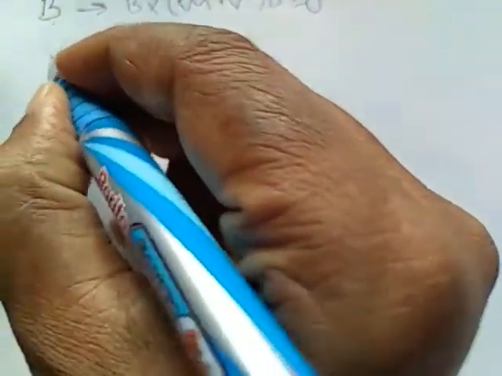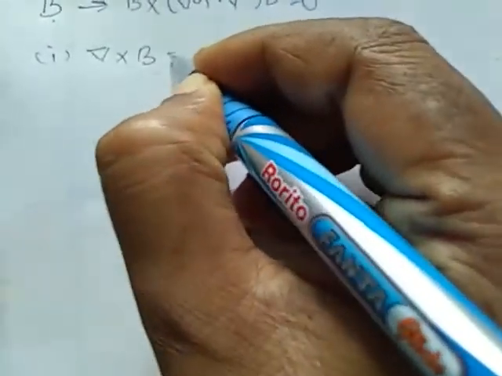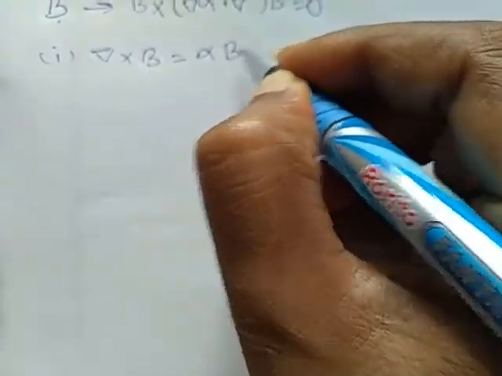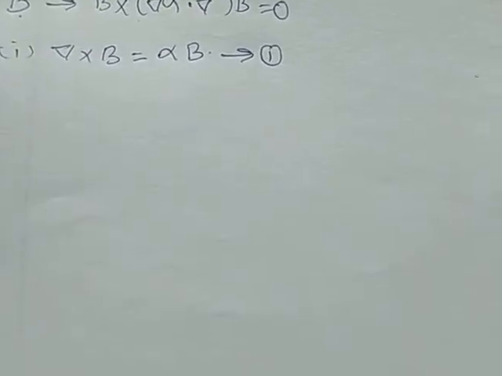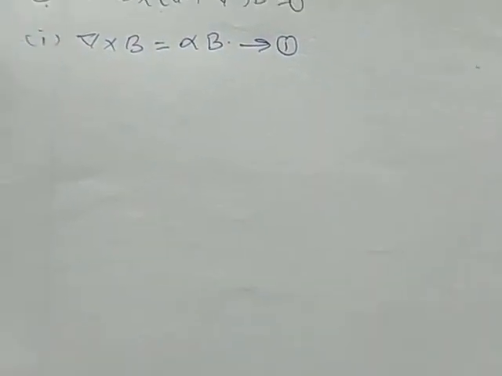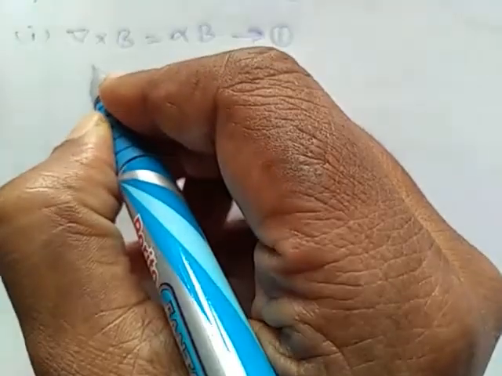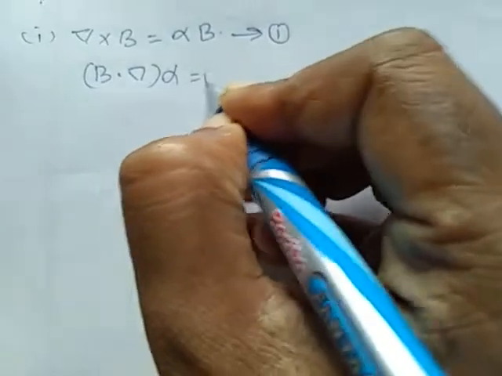So what is our basic equation of force-free magnetic field? We have derived it. The first one is curl of the magnetic field is alpha into B. This is our first condition. We have also derived the second condition, B dot del alpha is 0.